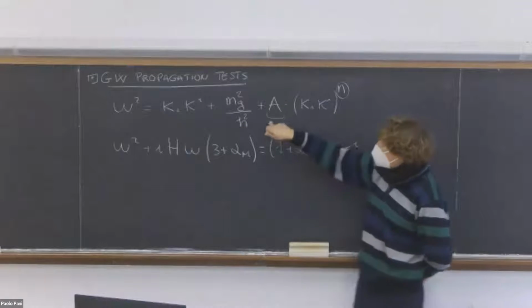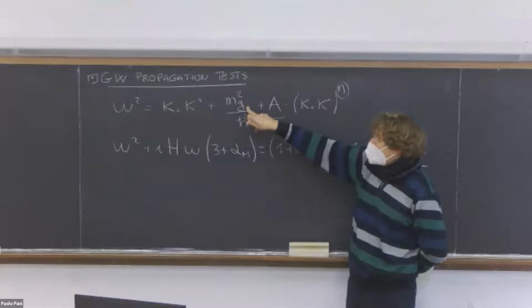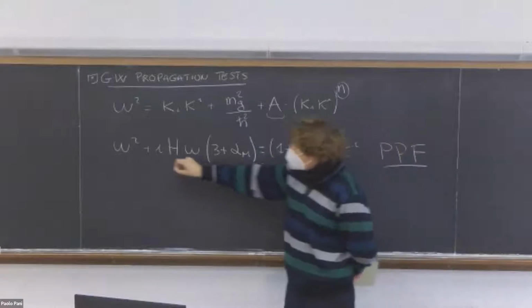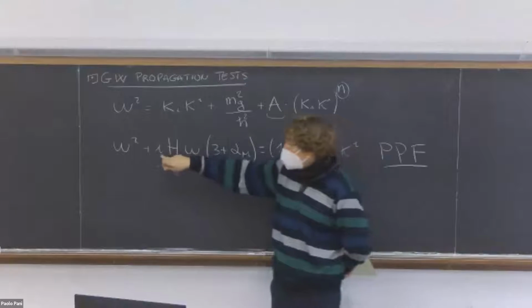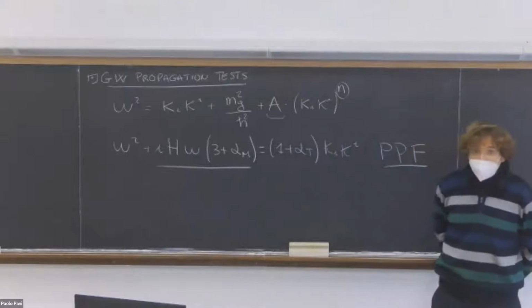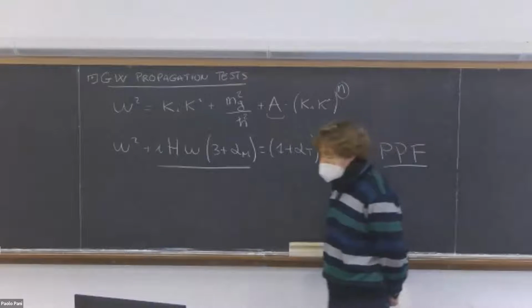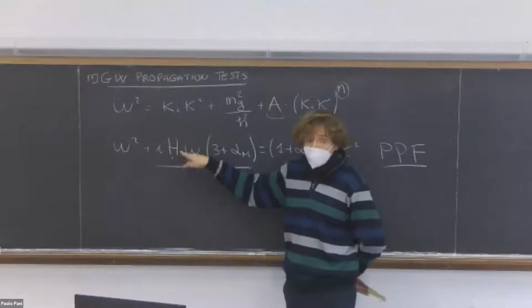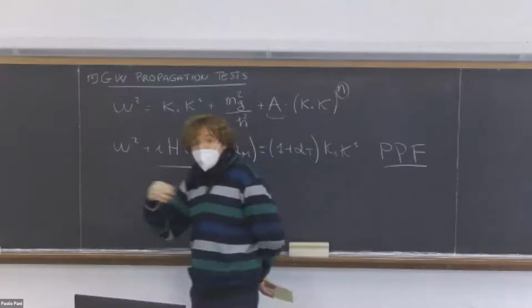For example, this one can test a non-zero mass of the graviton, while this one has a term that is actually imaginary, and tests essentially the dissipative part of the propagation of gravitational waves due to the expanding universe. So this is taking into account the expansion of the universe.